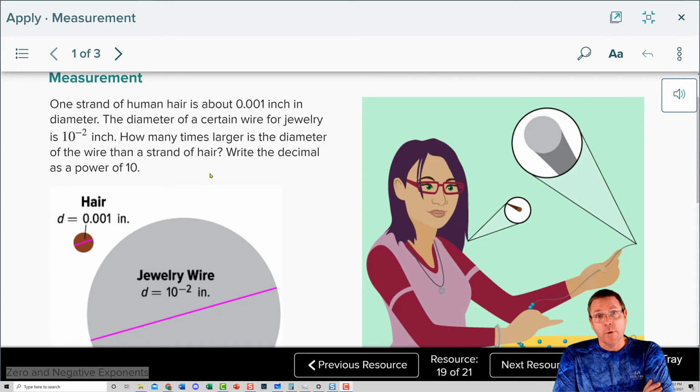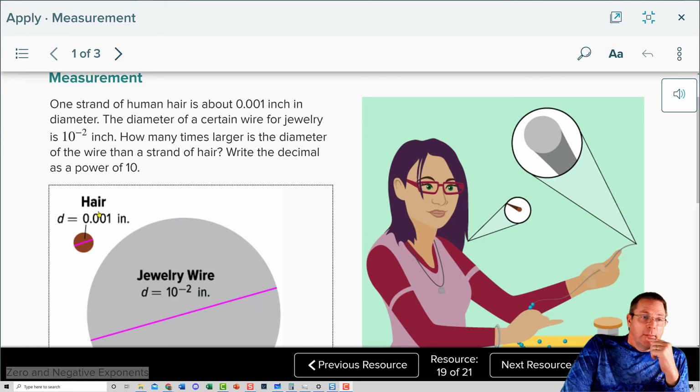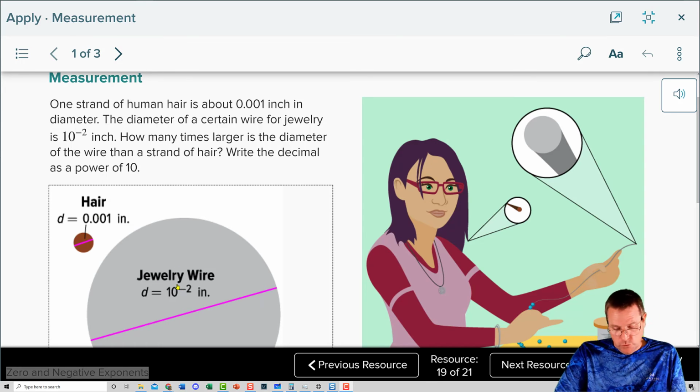That would be 1/100th of an inch, by the way. How many times larger is the diameter of the wire than the diameter of the hair? And it says to write the decimal as a power of 10. So we're going to be comparing the hair to the jewelry here.